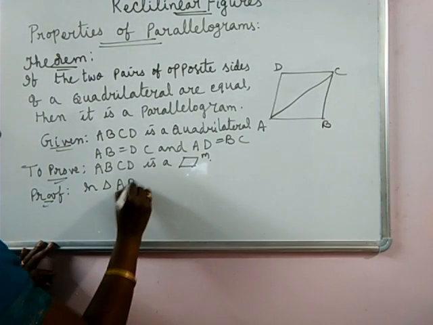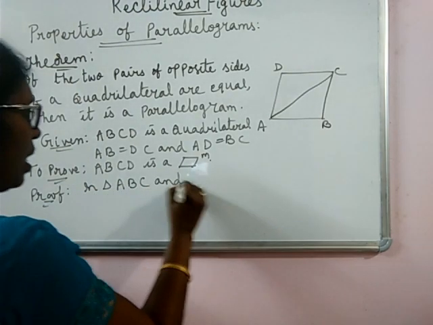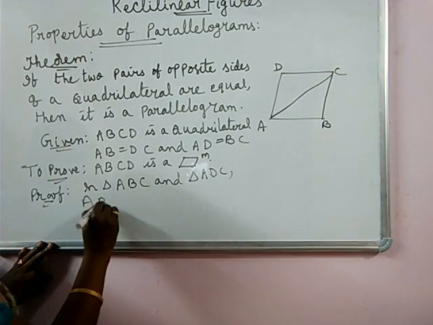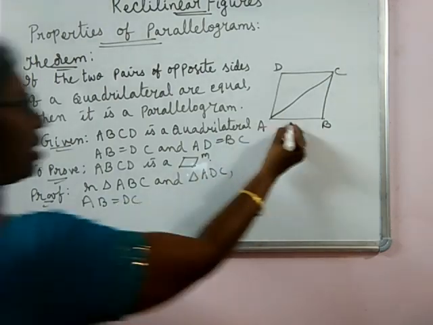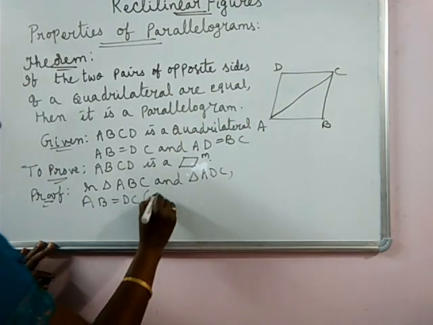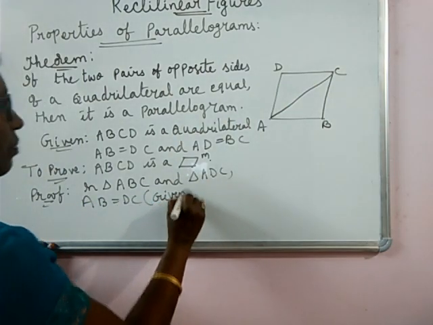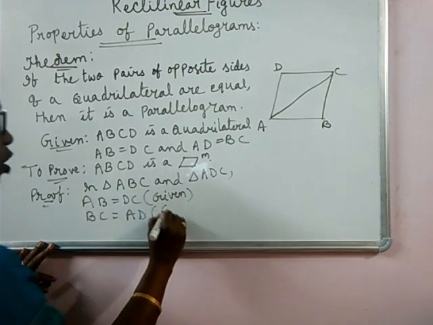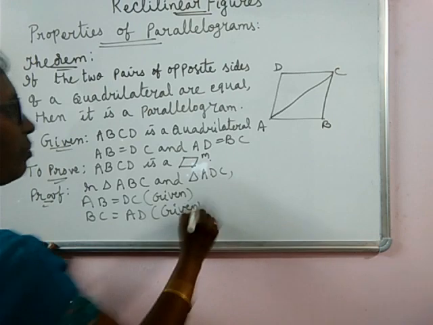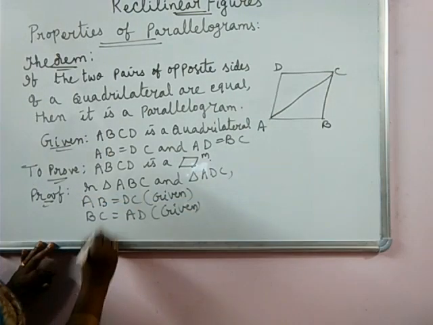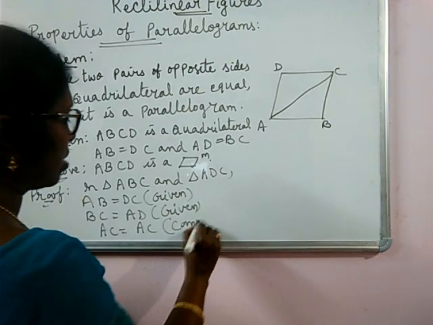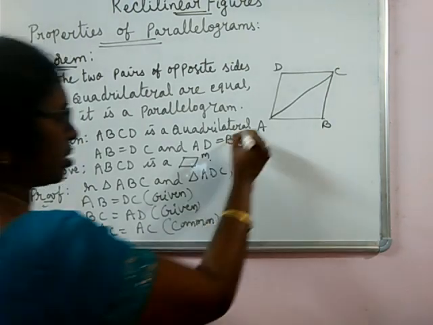So in triangle ABC and triangle ADC, AB is equal to DC, that is given, and also BC is equal to AD, that is also given, and AC is common to both the triangles. AC equal to AC.